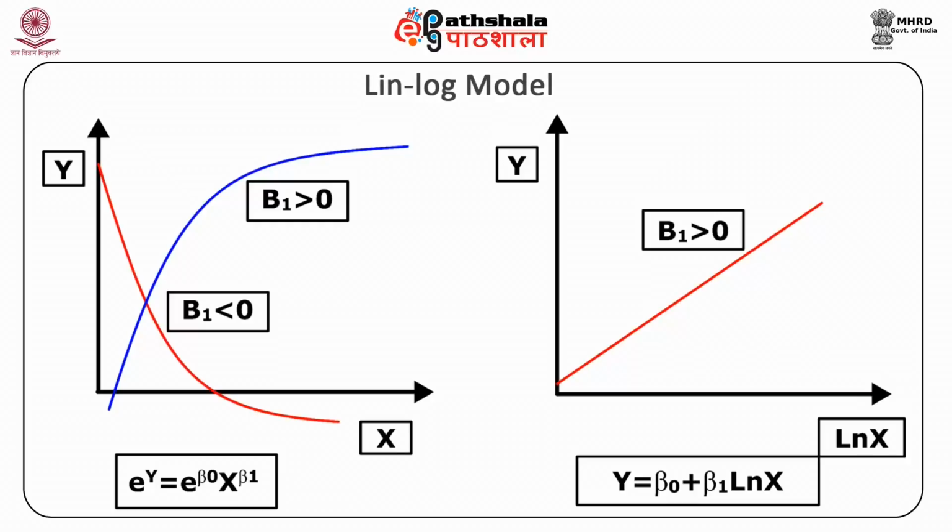Goods with income elasticity greater than 1 are known as luxuries, and goods which have income elasticity between 0 and 1 are known as necessities. And Engel found that food is a necessity.